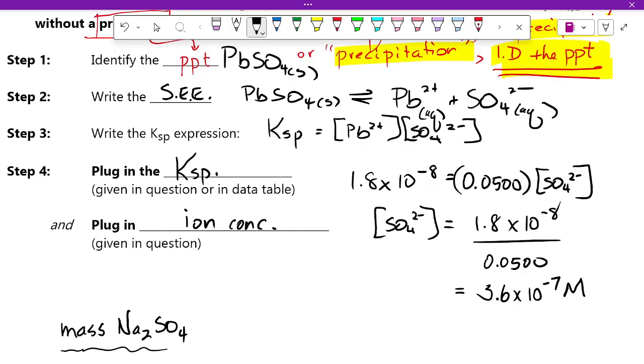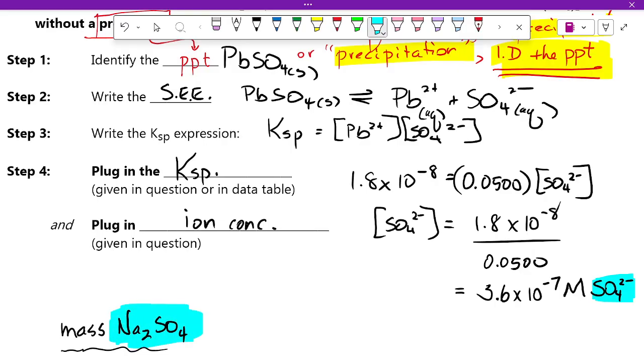So we have the molarity of our SO4 2 minus. Did you guys get 3.6 times 10 to the minus 7? Yeah? Okay. What are we going to do with that in order to get our mass of Na2SO4? What else do we need to use from the question? First of all, we don't just want SO4, we want Na2SO4.